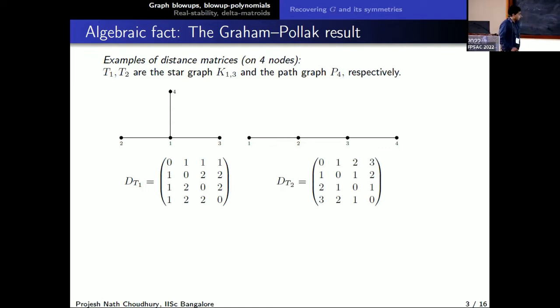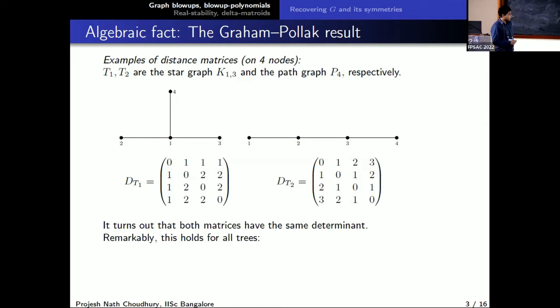Similarly, the vertices 2, 3, and 4 are at distance 2 from each other, and this gives the distance matrix D_T1. Similarly for the path graph also. It turns out that both these matrices have the same determinant. And surprisingly, this holds for all trees.